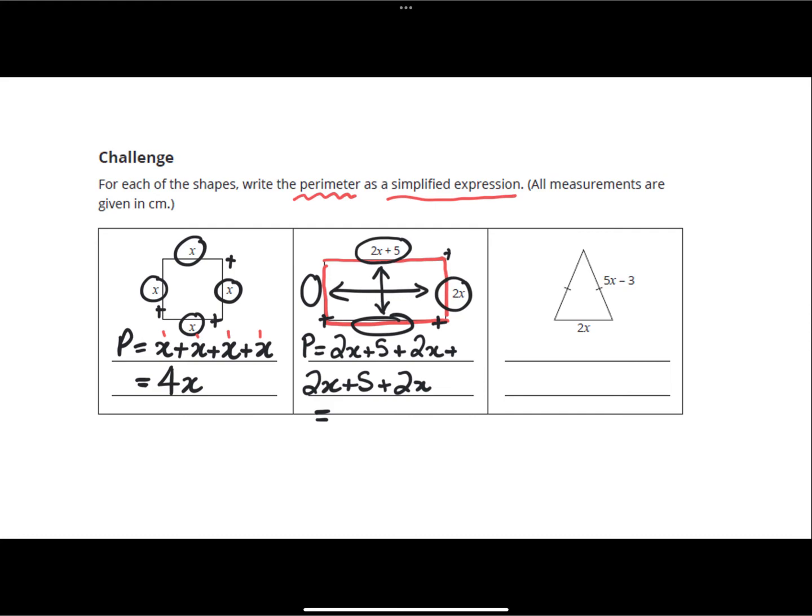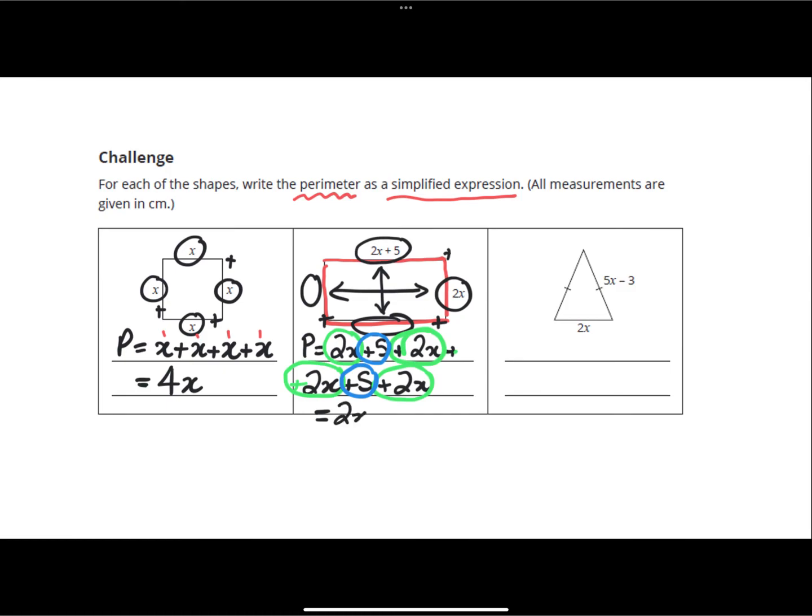I'm going to add my x's. Oh, almost forgot to take the plus for that one. There's one little pluses there. That's the plus there, and that plus there. So those are all my x's. And I have my whole numbers there.